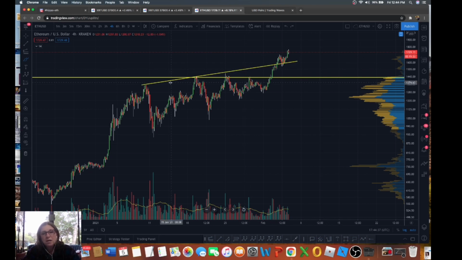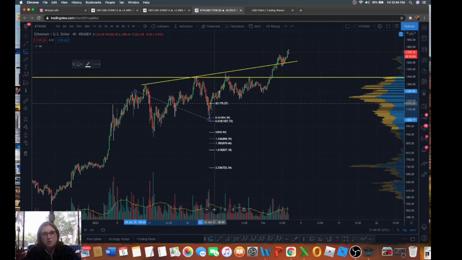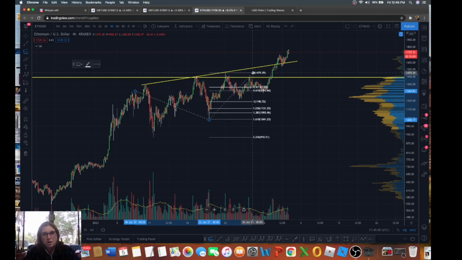One thing that I do see, because this count is very difficult, it did not come to a correct fib level. When you measure the wave, like if this was going to be a W, this was going to be an X, and then we needed our Y wave.